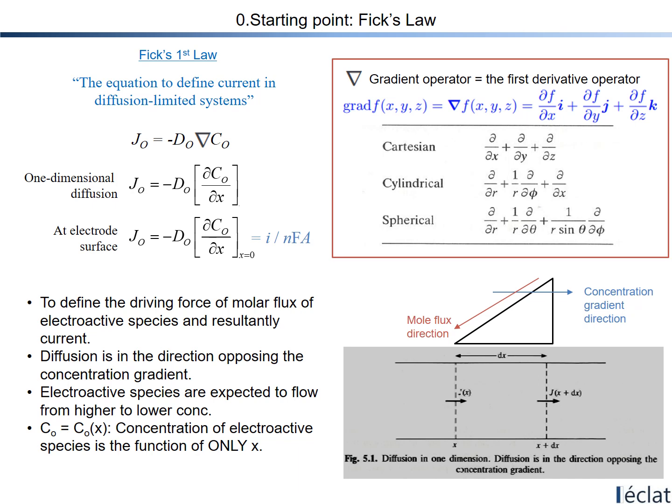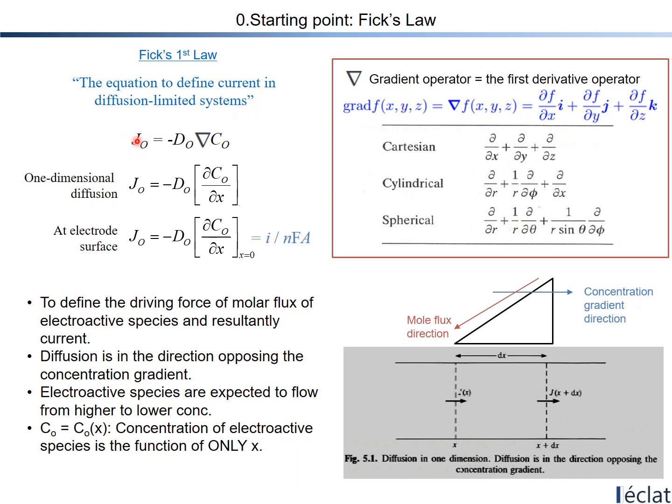As you know, diffusion limited systems can be described by Fick's law. We have two different Fick's laws. Here is the first one, Fick's first law. Fick's first law is the equation to define current in diffusion limited systems.